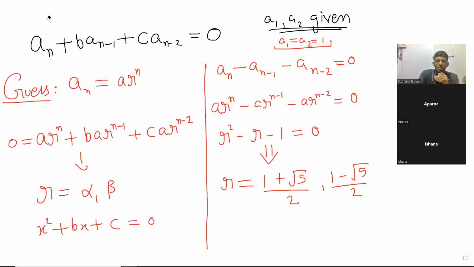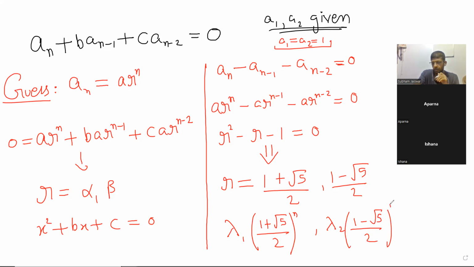So in place of a, we'll just put some lambda 1 because we don't know. So one solution is like this, but then this is also possible. Are you guys following? This is what I had guessed for my solution.